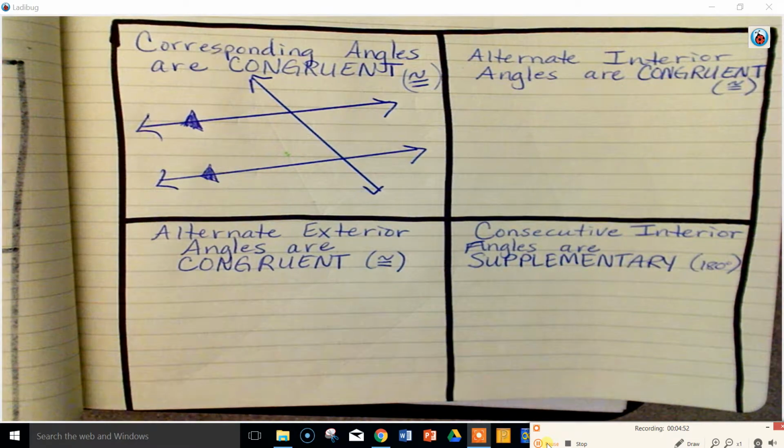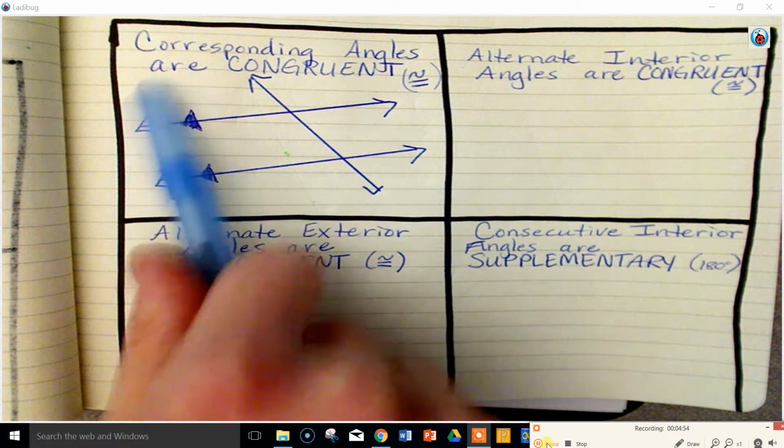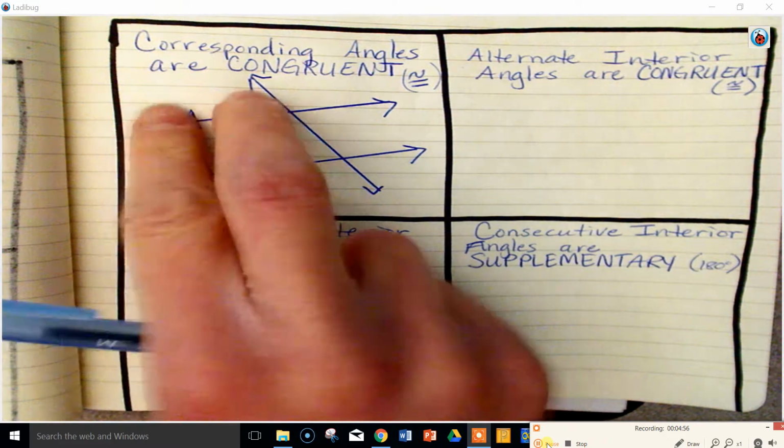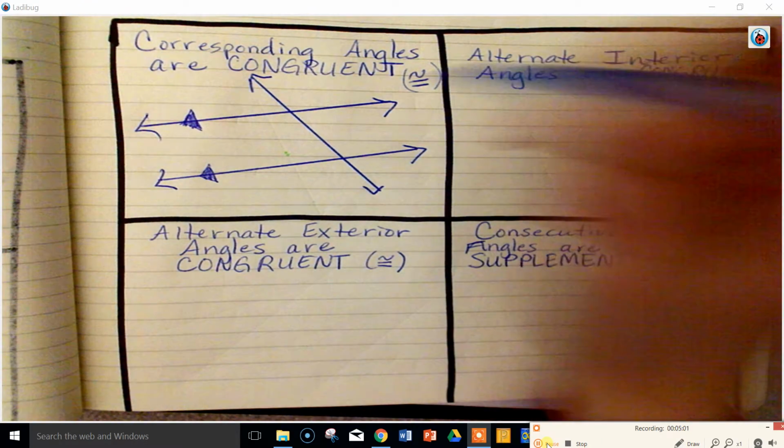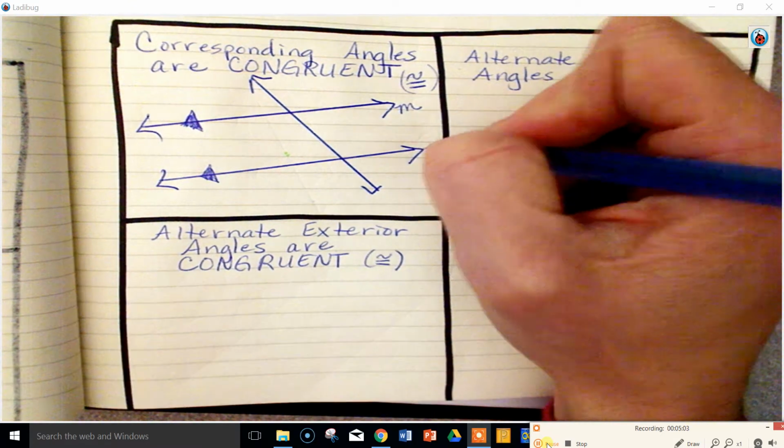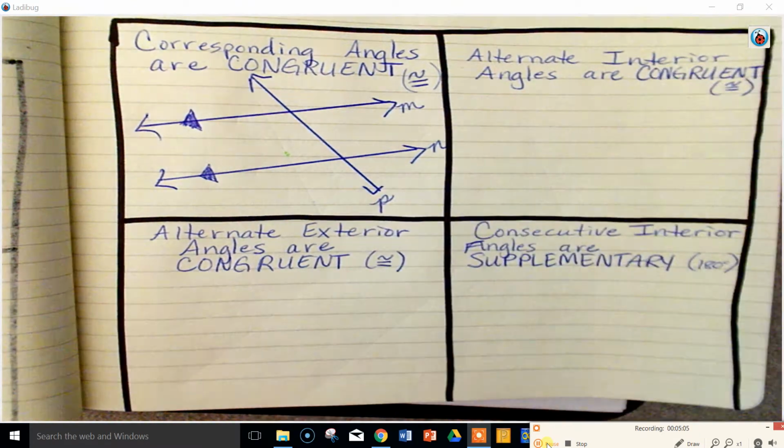Sometimes I might use one set of those shaded in arrows, sometimes I might use two of them. As long as it's the same number on both lines, that's how I know they're parallel. So here's line M, line N, and the transversal P.